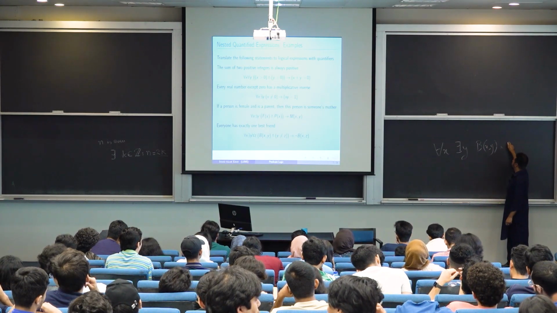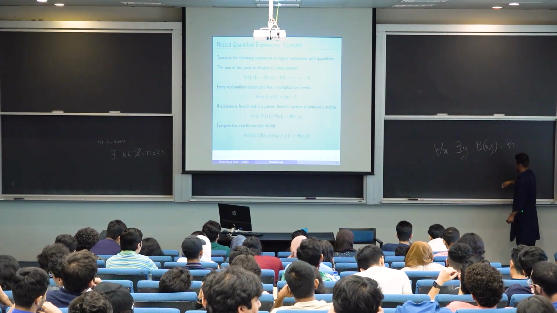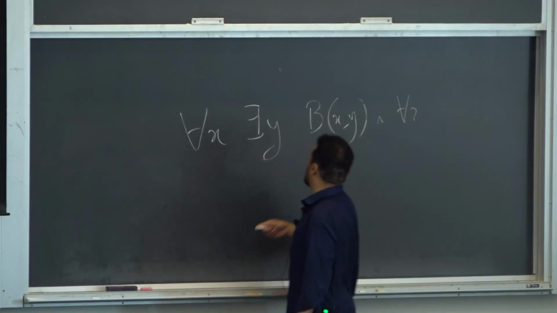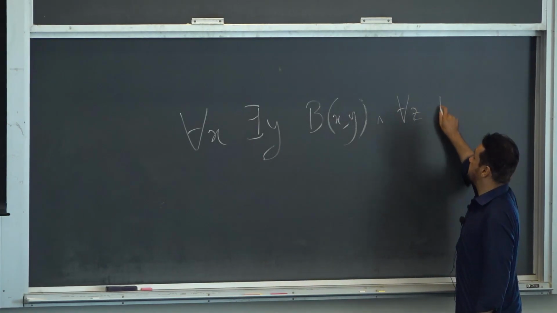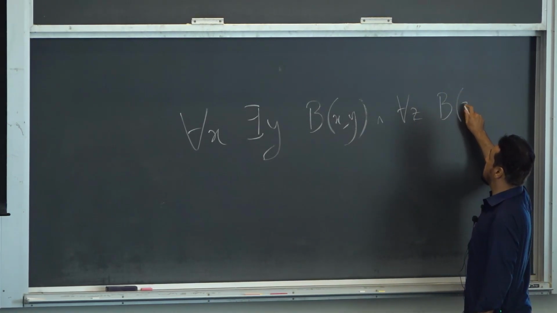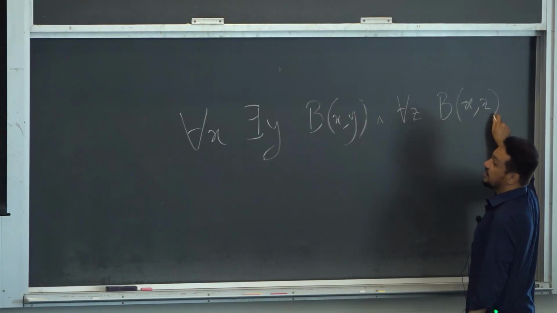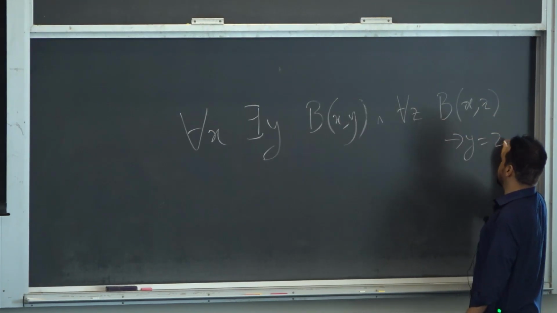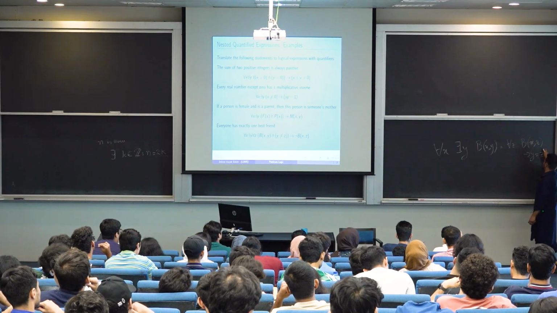And for all z, if z is also best friend of x, then y is equal to z.